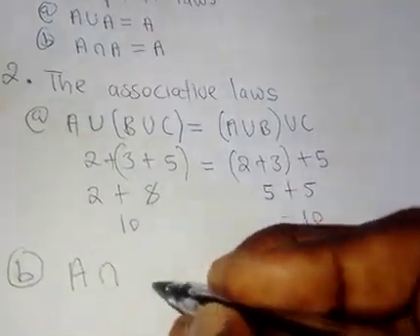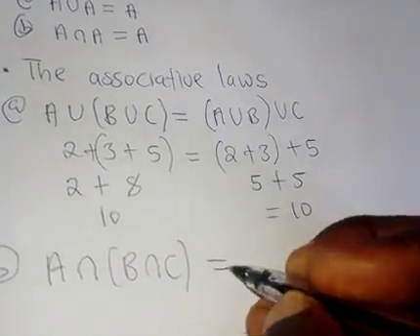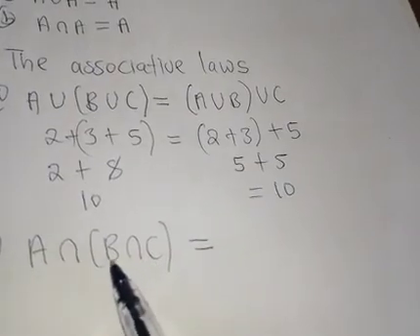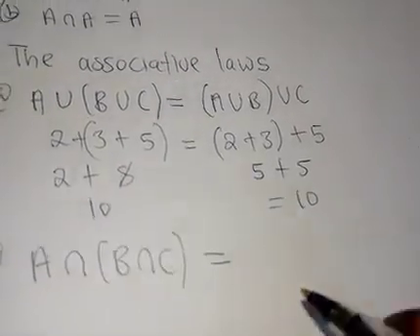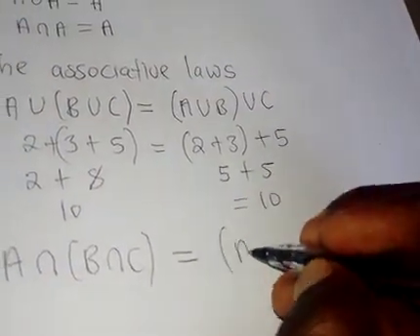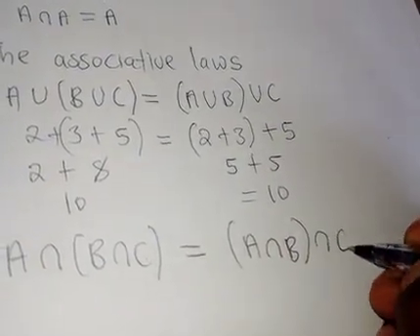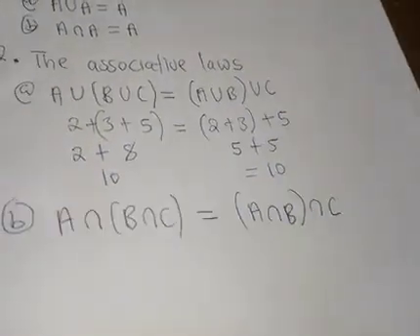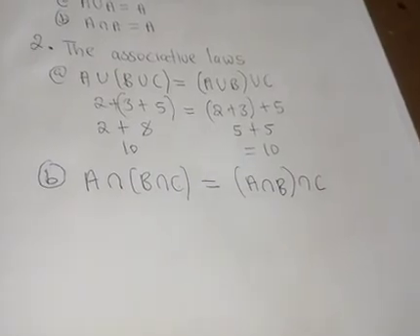A intersect B intersect C: apart from starting by finding B intersect C, you can first find A intersect B, then intersect C. It's one and the same. So these are called associative laws.